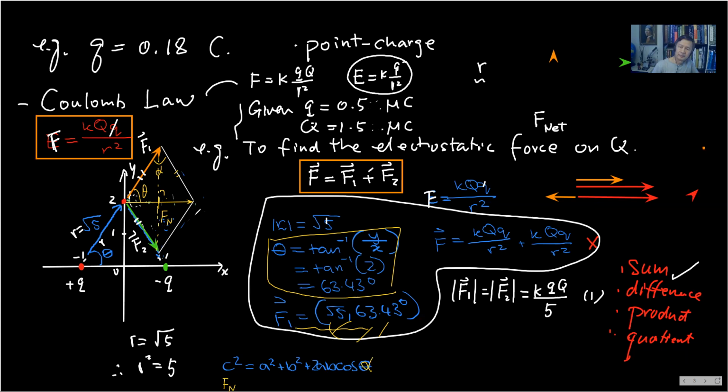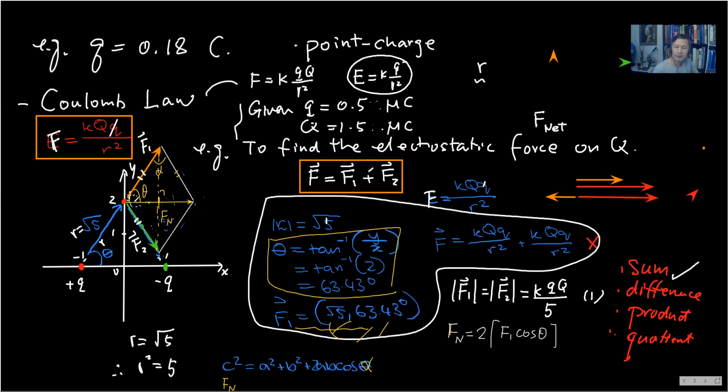So basically, if I write down here the total force using projection, we have used projection before when we started Newton's law. Do you remember? So the net force will be equal to 2 times the projection of either F1 or F2, times cosine theta.